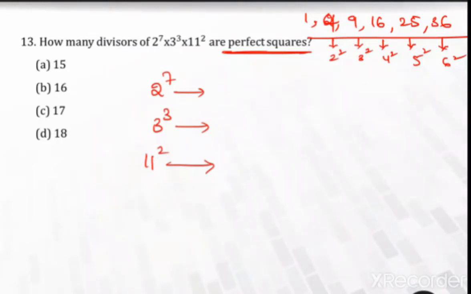In 2 power 7, how many perfect squares are there? Can anyone? 2 power 7.